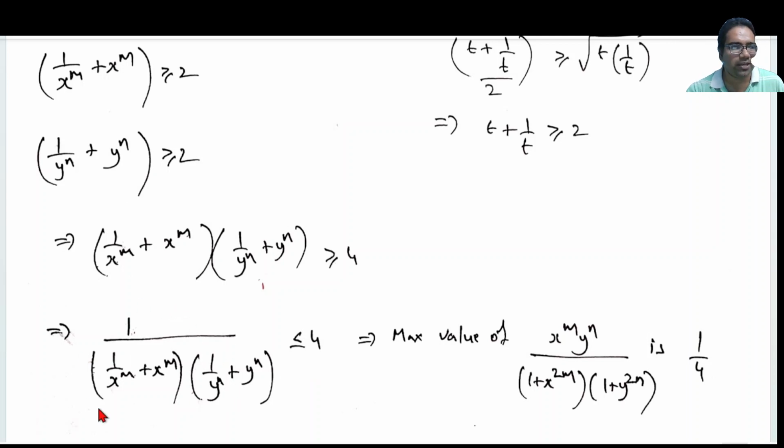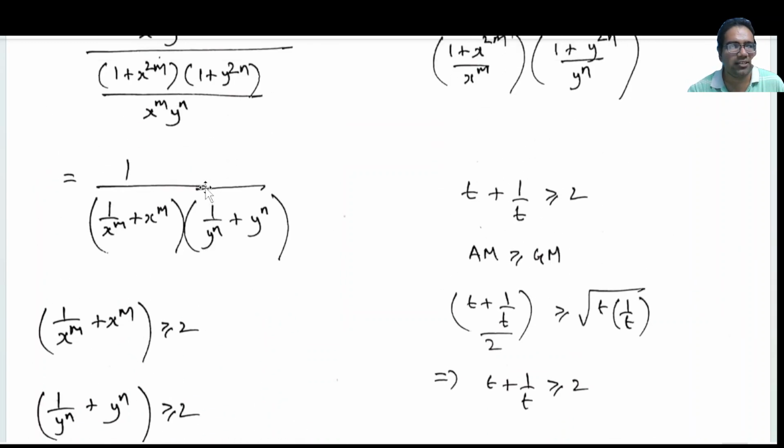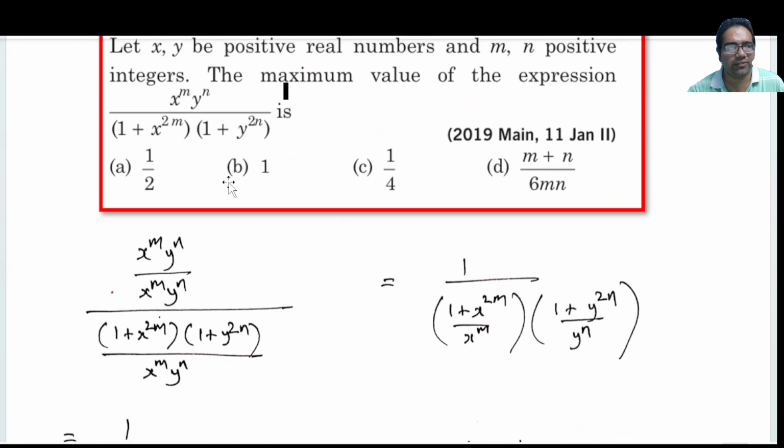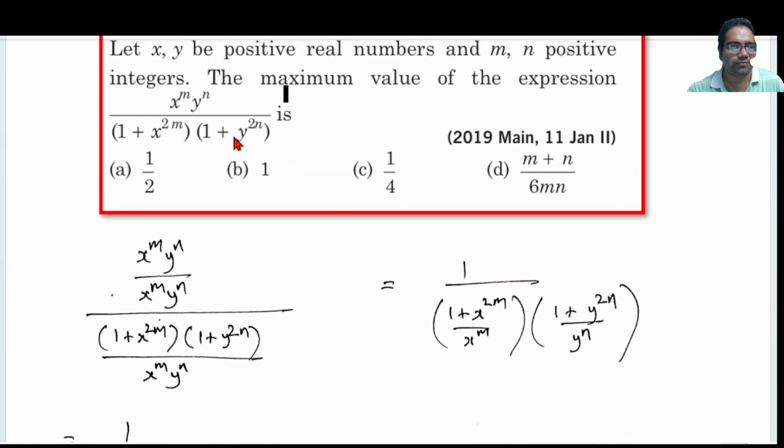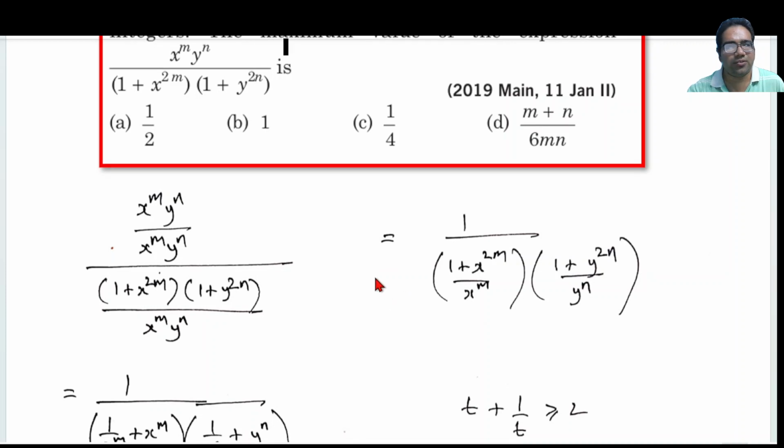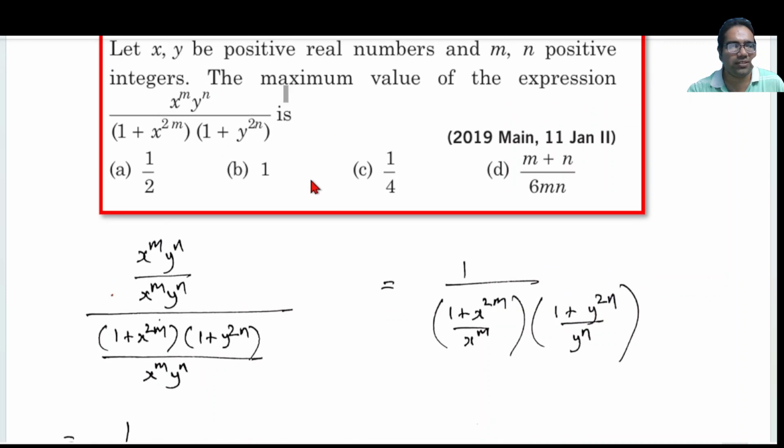This piece is just the simplified version of the given expression. So the maximum value is 1 by 4. It has nothing to do with m and n.